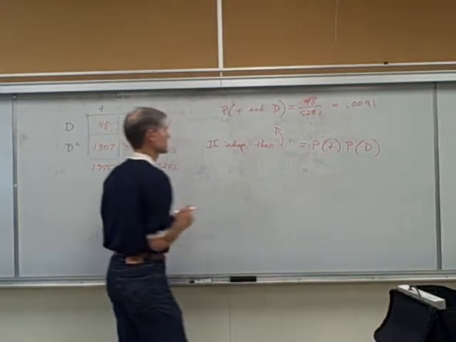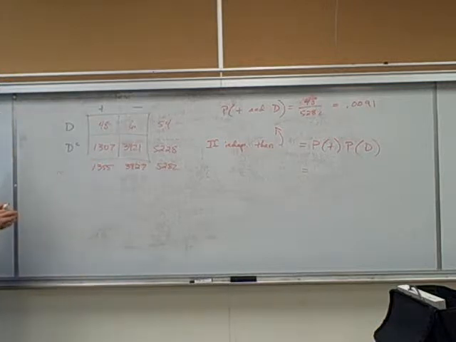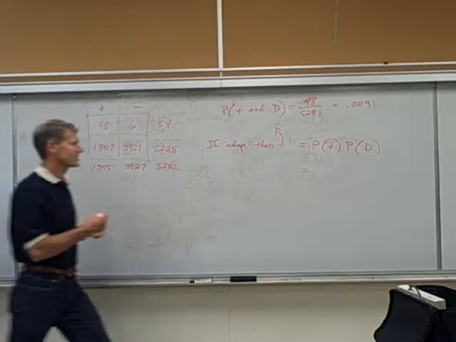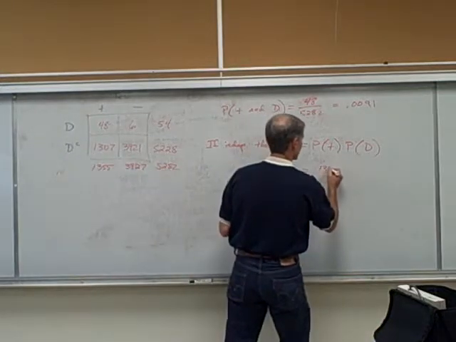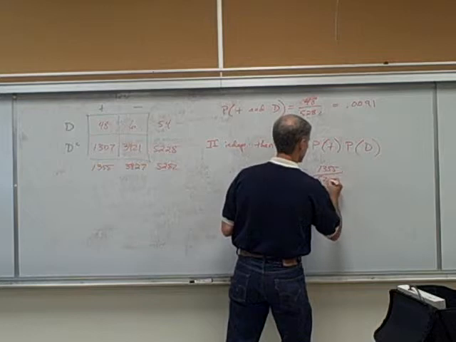What's the probability of testing positive? How many people total tested positive? 1355 out of 5282.